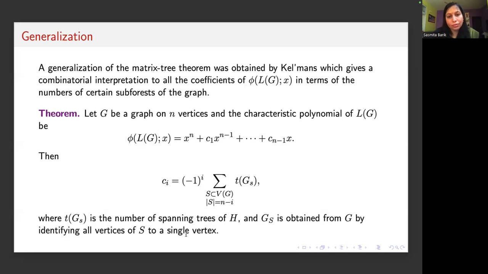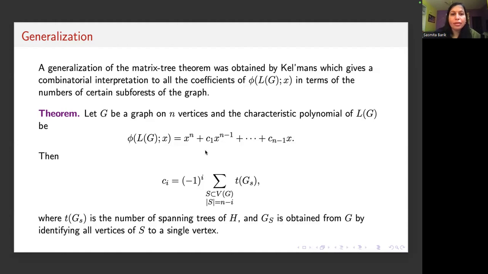So you choose your S of size n minus i, now all the vertices of S you just make one vertex. So that way you made the graph, that is your G_S. Now look for all the spanning trees in G_S. Then this will be the term, and take all possible S's, and then this sum will be calculated. This will give you your ci.